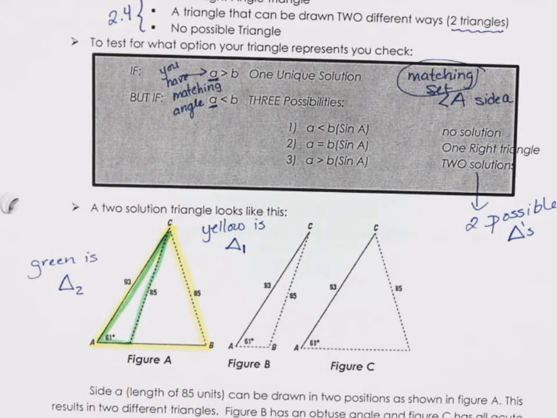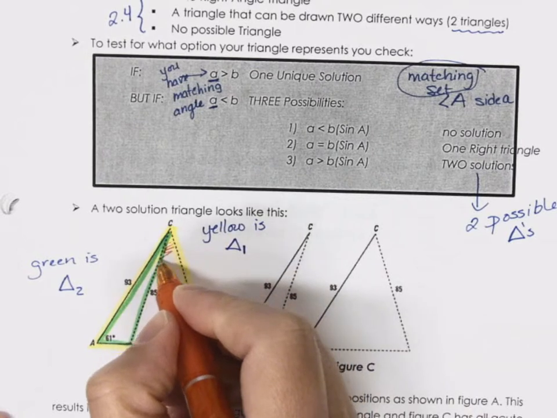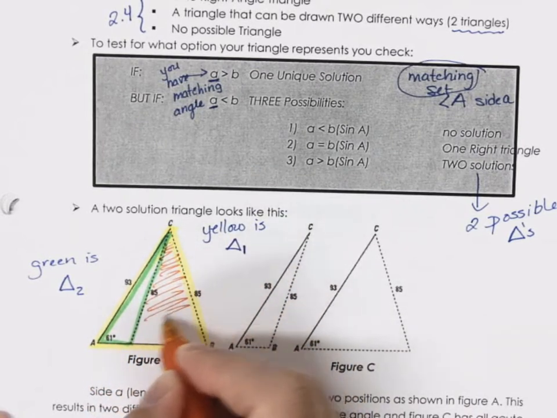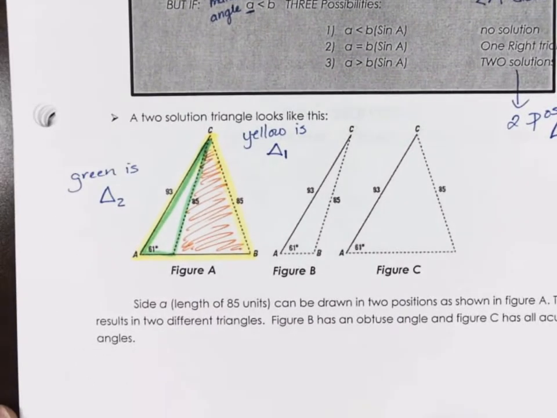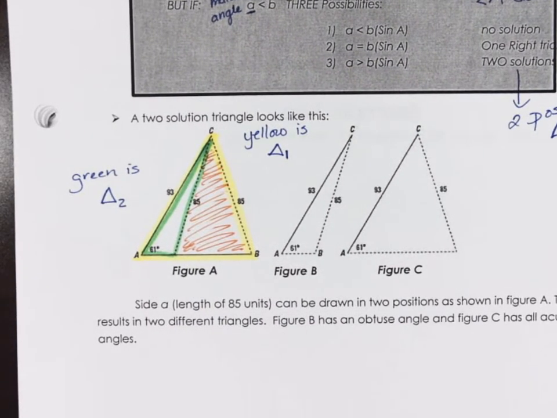I'm just abbreviating the word triangle into a symbol because it makes it easier for me. Now what I have to show you is you have a third triangle in there. Do you guys see it? It's this triangle, right? That orange triangle is a helping triangle. It's not a solution, but it helps us find the solution.